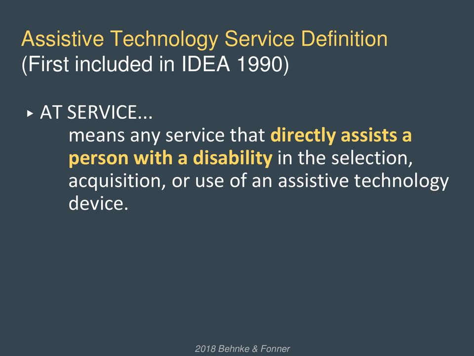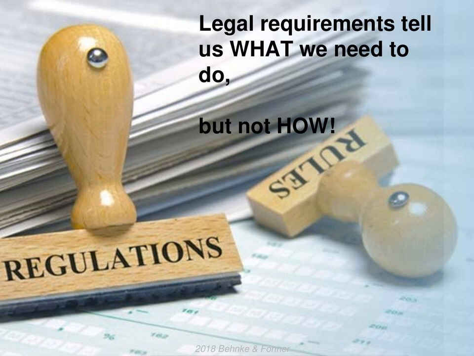So ensuring that you have access to not only the device but also the services is crucial when it comes to looking at sustainability of maintaining that assistive technology in that particular environment for that particular person. So the act of feature matching is an assistive technology service.